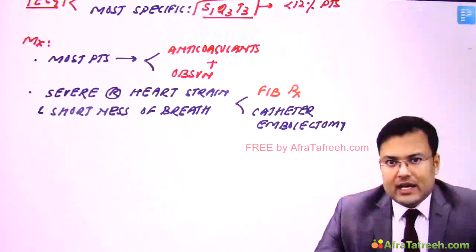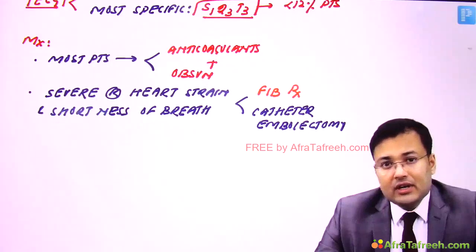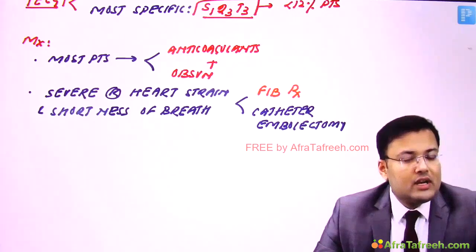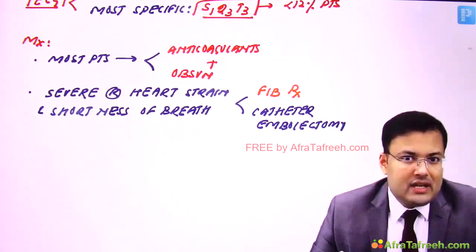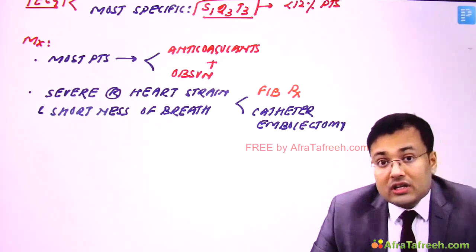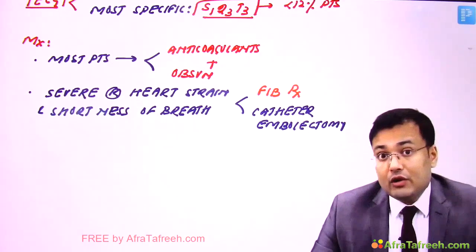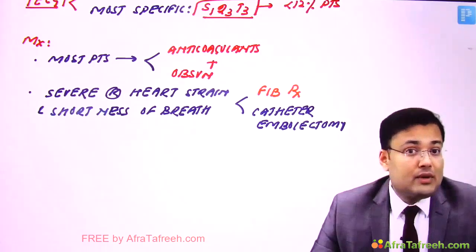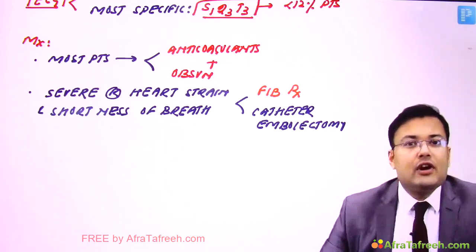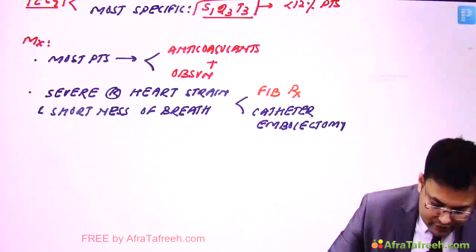Now see a second scenario. The patient is at high risk for DVT and pulmonary embolism, so we should start anticoagulants. But in the other situation, the patient is at high risk and has contraindications to anticoagulants. So you cannot give anticoagulants, and if you do not give them, there will be pulmonary embolism. So in such patients we use an IVC filter for prophylaxis of pulmonary embolism.